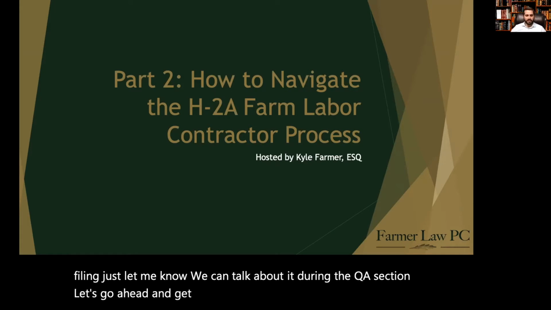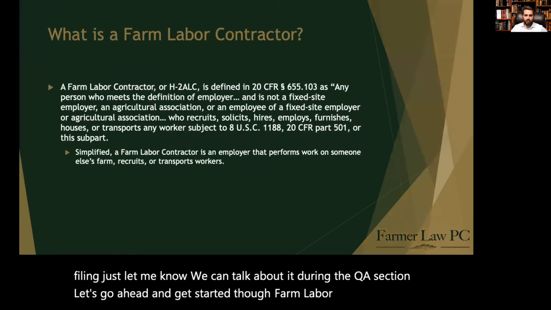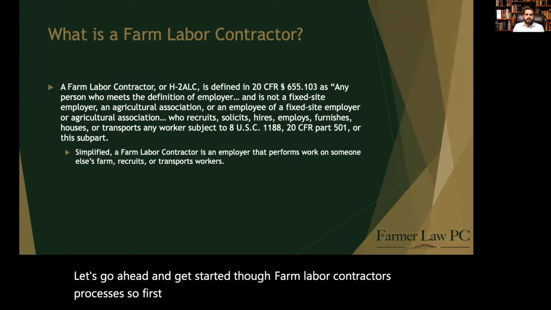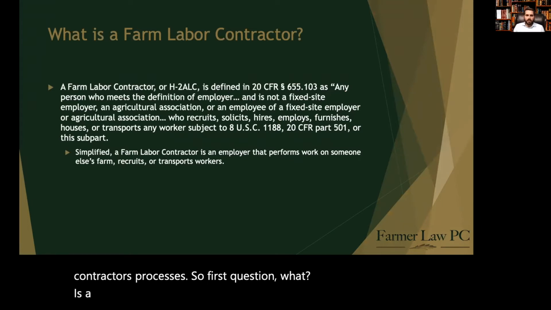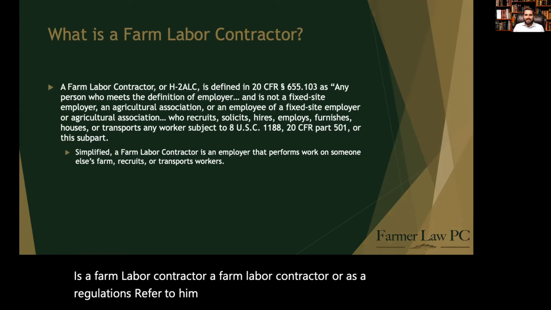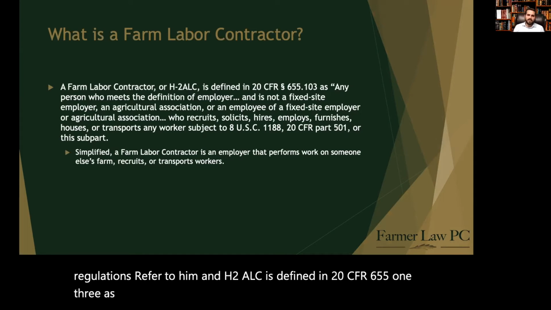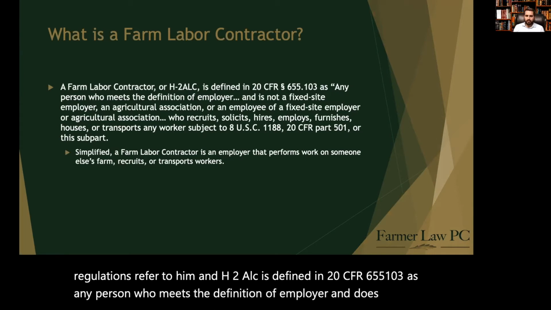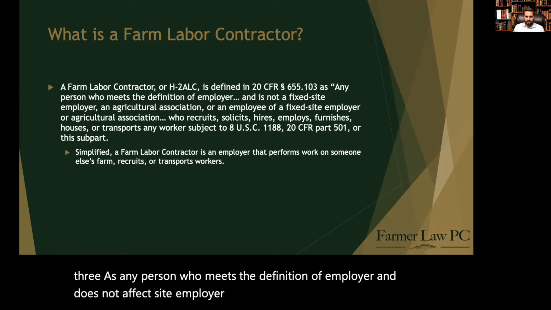Farm labor contractors processes. So first question, what is a farm labor contractor? A farm labor contractor, or as the regulations refer to them, an H-2A FLC, is defined in 20 CFR 655.103 as any person who meets the definition of employer and is not a fixed site employer. A fixed site employer you can think of as like the actual farmer.